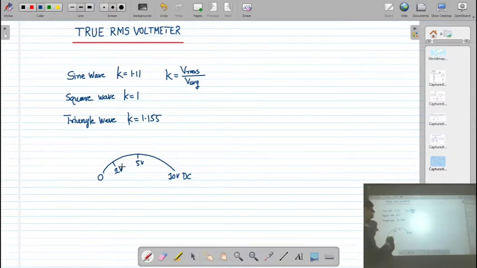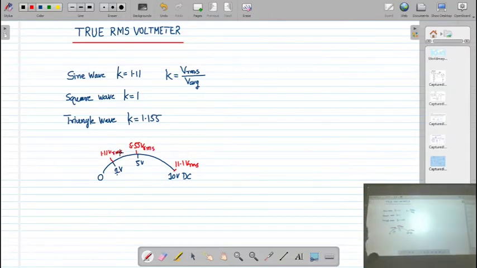It means that on the DC scale, wherever 1 is there, it represents an AC voltage of 1.1 volt. And if we have 5 volt of DC, it corresponds to 5.55 volt of AC RMS value. In the same way, 10 volt represents 11.1 volt of RMS.